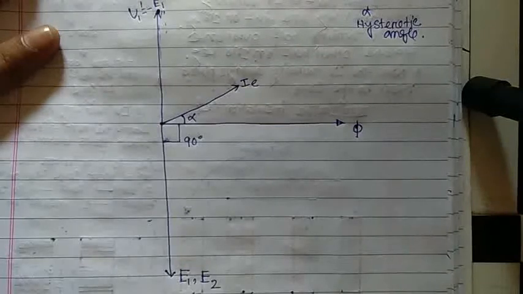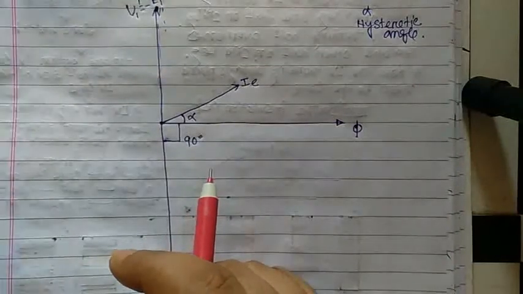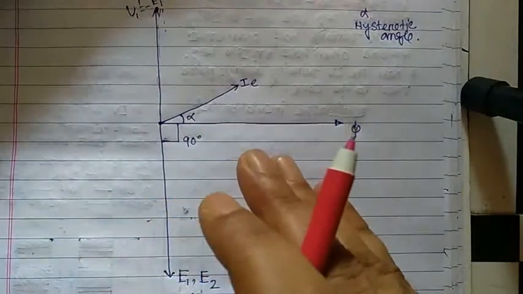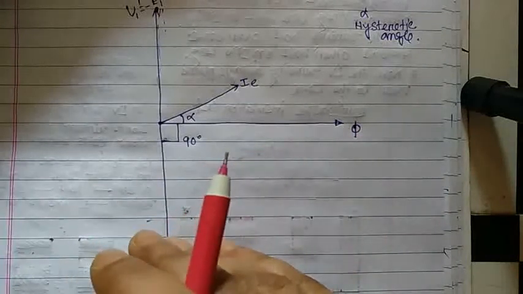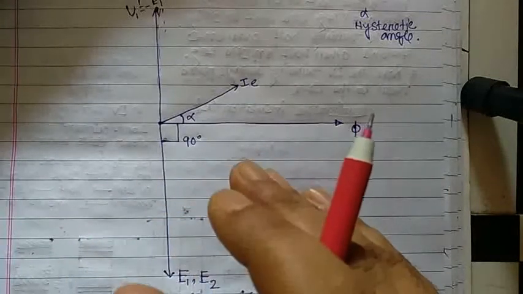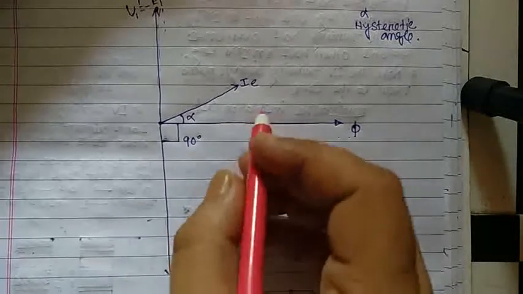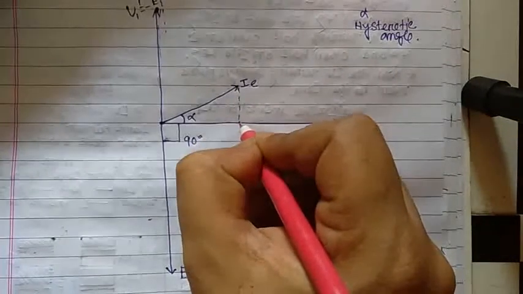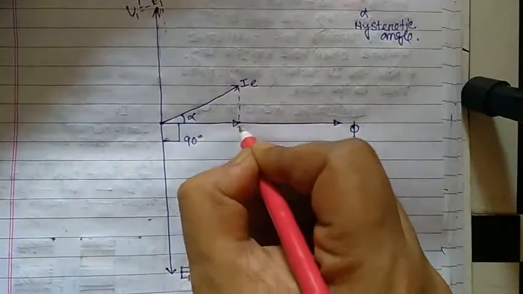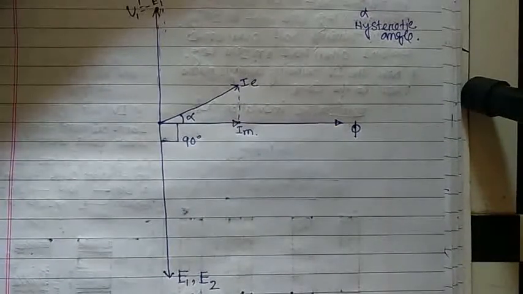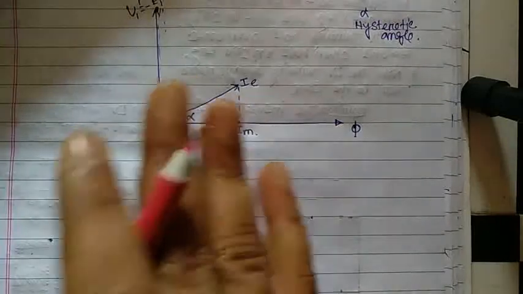IM is along phi and is called the reactive or magnetizing component current because it provides the required magnetic flux. Again, another component is IC, that is the core loss component or power component.